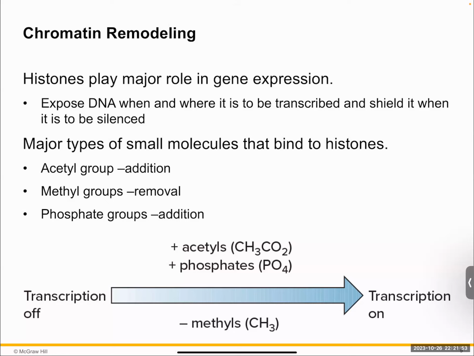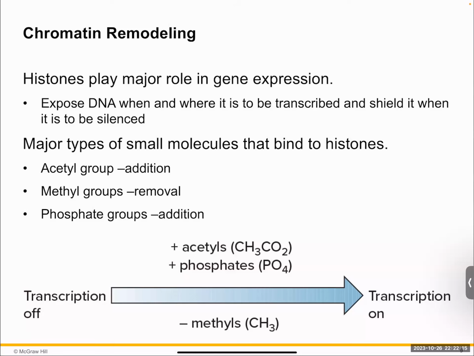Now, as I mentioned, there are components that can allow this process to be turned on, which means you're going from no transcription to a full-blown transcription. And there are scenarios that allow this gene expression to be turned off, so you're going from an on to an off position.